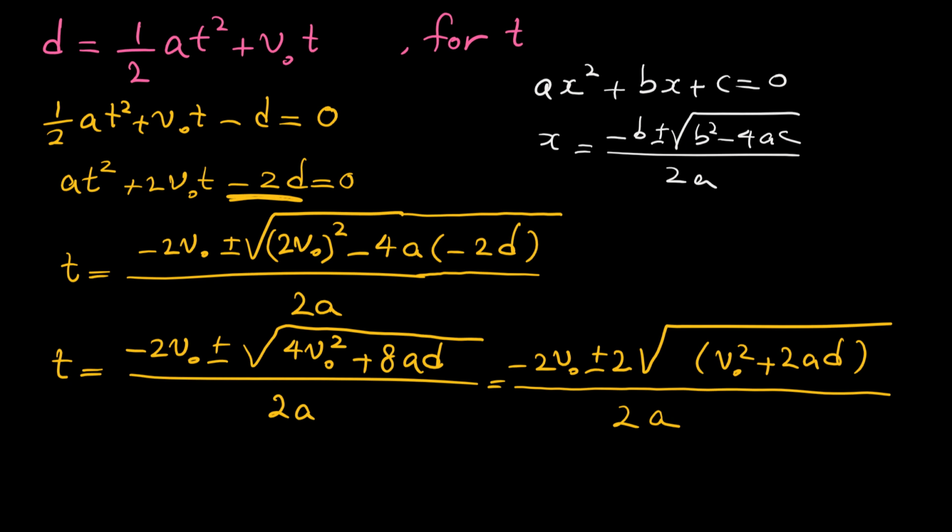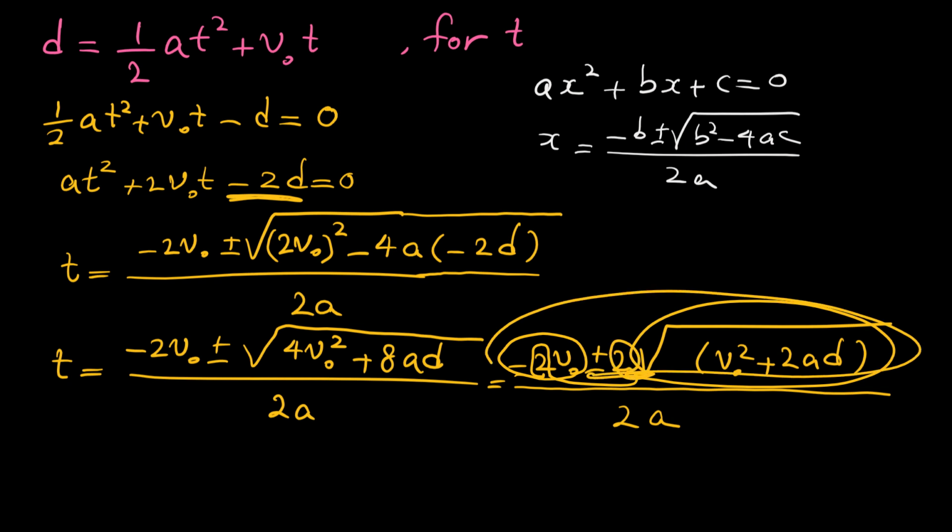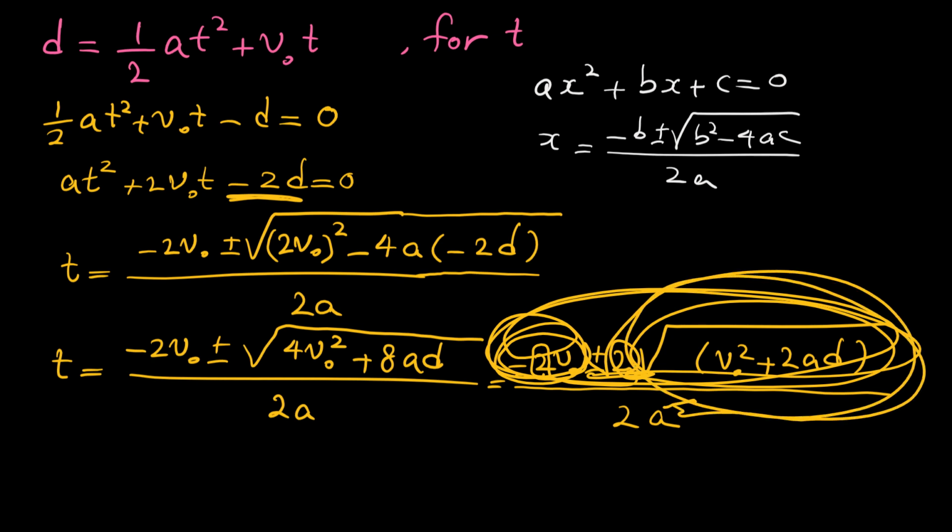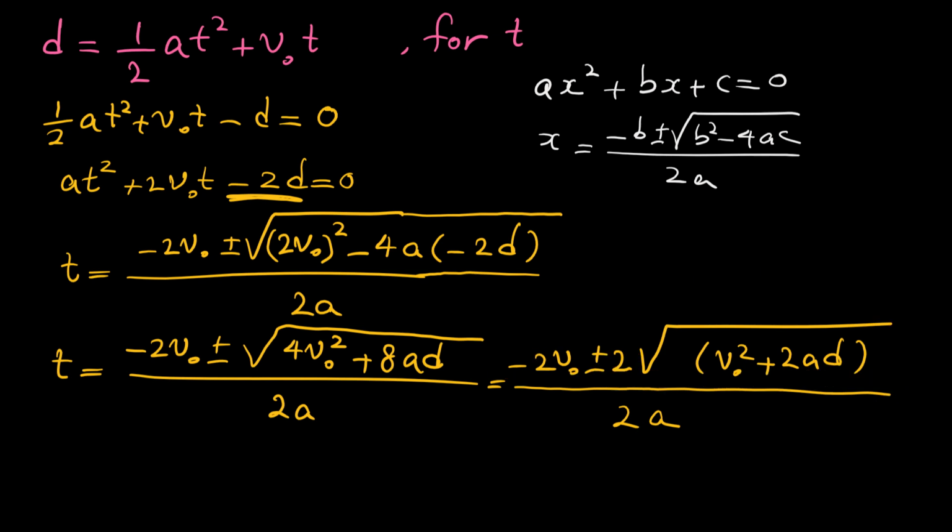Now look at the numerator. This term has a 2. This term also has a 2. So we can factor 2 from this term and this term, and we can cancel that 2 with the 2 in the denominator. So please pay attention, because both of the terms in the numerator have this 2 as a common factor, we can factor that 2 and we can cancel that factor with the 2 in the denominator.